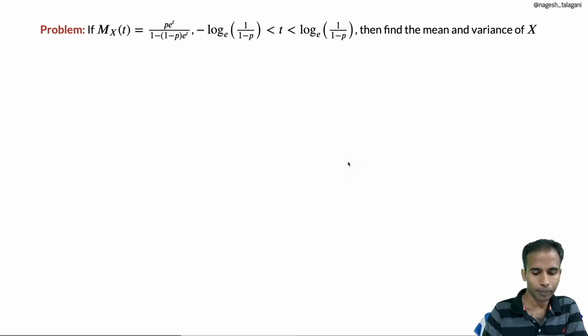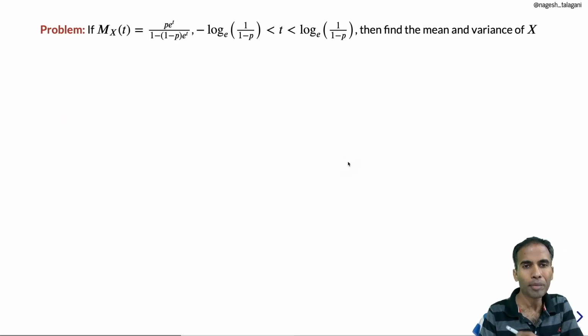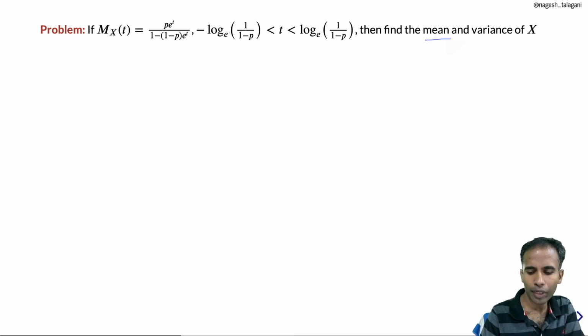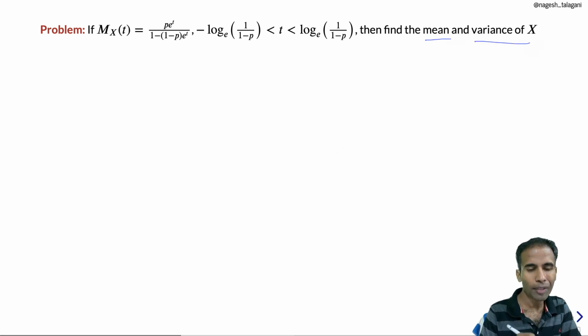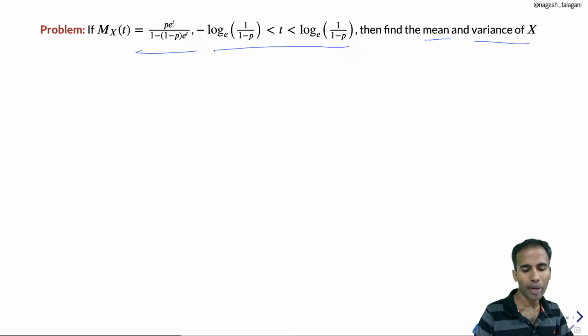Okay, here's the problem. Here the MGF is given. We have to find the mean and variance of x. The MGF of x is M_x(t) equal to p e power t by 1 minus of 1 minus p e power t, which is defined in the interval minus h to h, where h equal to log 1 by 1 minus p.